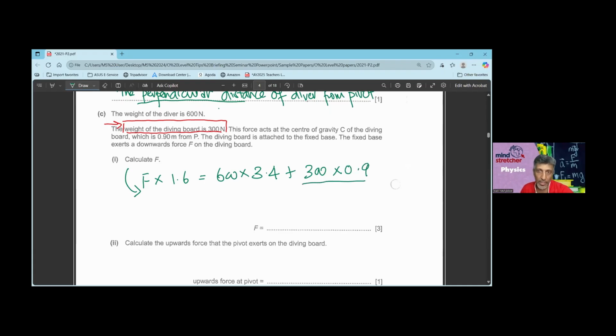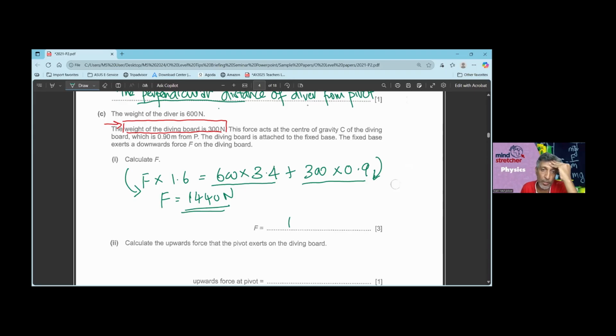Okay, this is due to the weight and this is due to the diver. So you work this out. This is the clockwise moment. So good. I see a lot of you have actually put out the answers. Okay, very good. So you get 1440 Newton. Excellent. So you can put this answer, okay, 1440. Okay, if you want to give it to 2SF, you can, but remember to have this value.